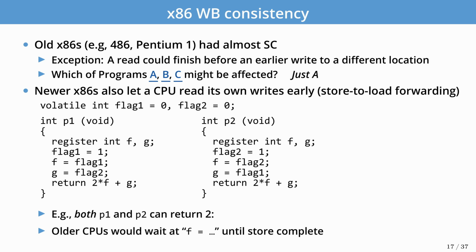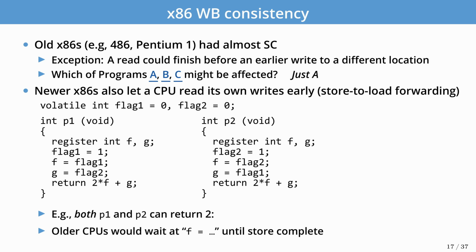It's possible that these could get reordered, and we'll have F being 1 and G being 0 for P1 at the same time that P2 runs, where flag 2 is set to 1, the store-to-load forwarding forwards flag 2, and flag 1 is read as a 0. And both functions simultaneously return the value 2. This doesn't seem like it should make sense, but this is possible because of these reorderings that are allowed.